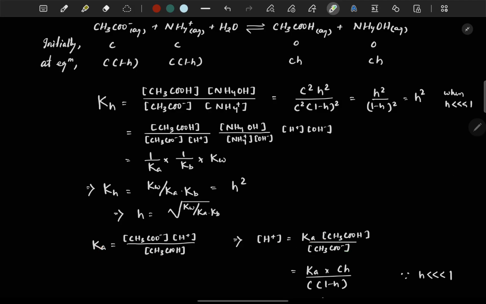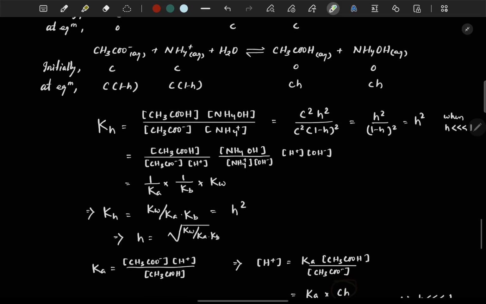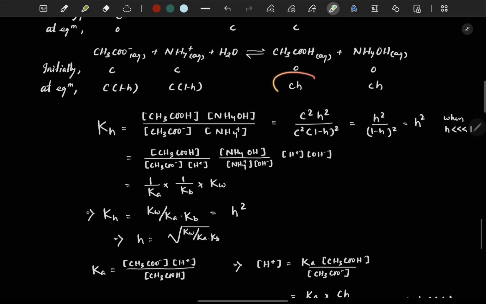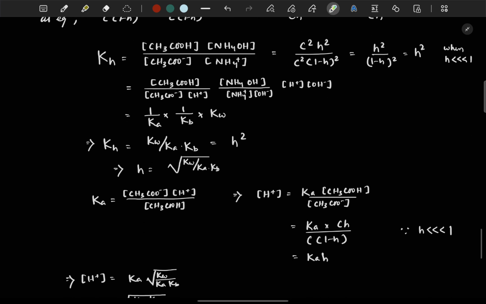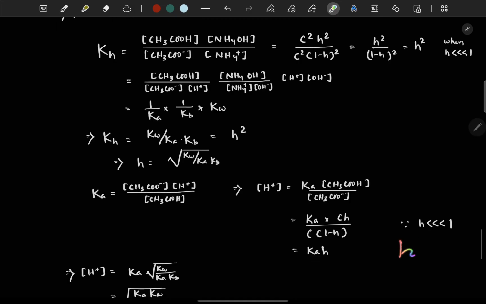We can put the value of acetic acid and acetate ion from this equation. The concentration of acetic acid is Ch and the concentration of acetate ion is C(1 minus h). So putting the values, again we know our h is very much less than 1, so 1 minus h is nearly equal to 1. So this will be Ka into h.